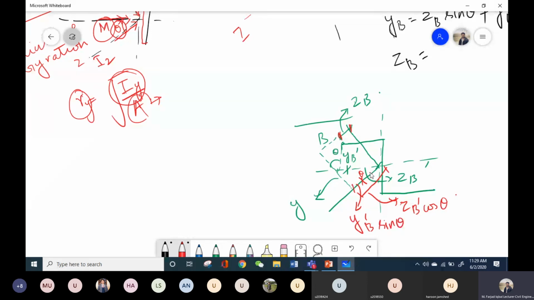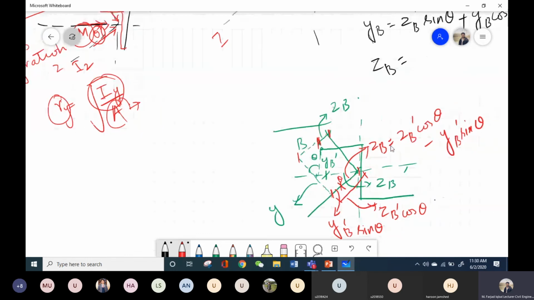And I am interested in calculating this distance. This whole line is equivalent to this one, and I know this whole distance is ZB dash cos theta, and this distance is equivalent to this one, which is YB dash sine of theta. And I need to compute this distance, that is ZB. So what will be ZB? ZB will be ZB dash cos of theta minus YB dash sine of theta.